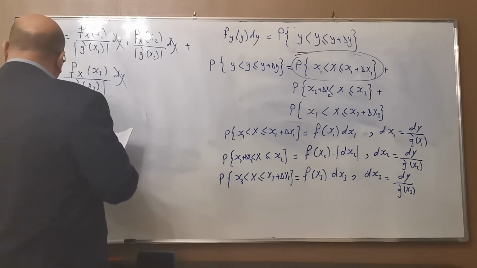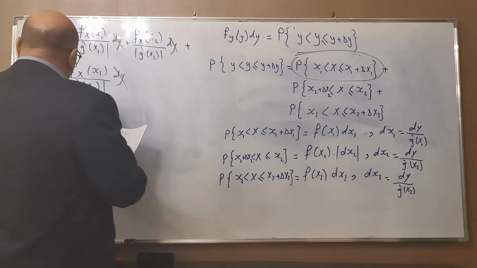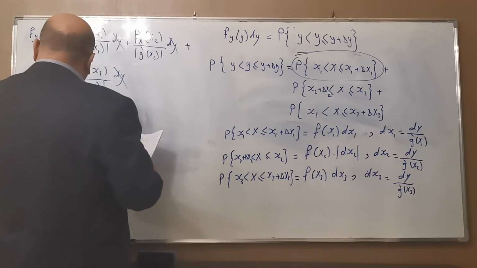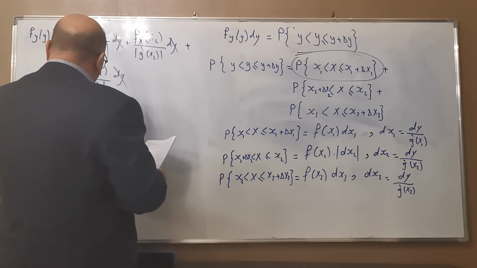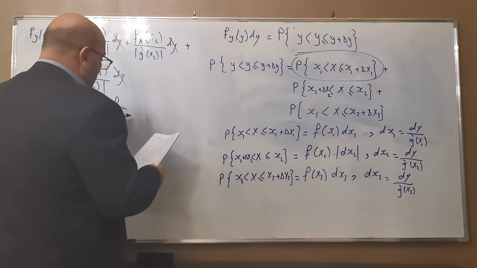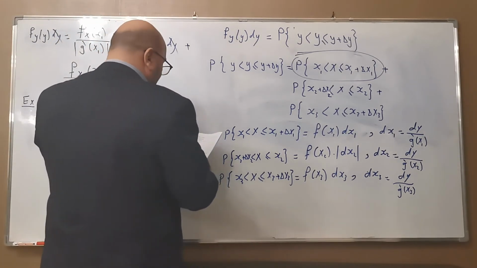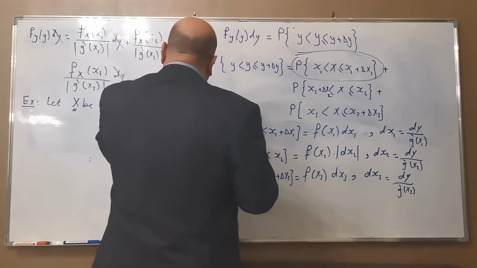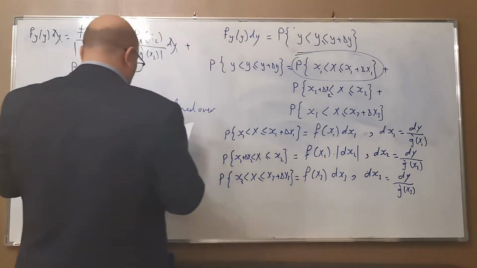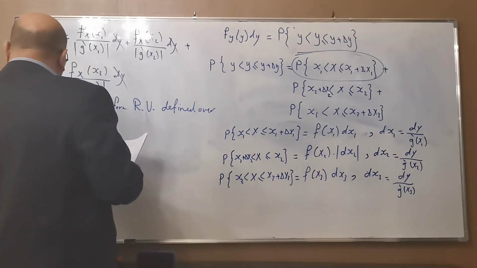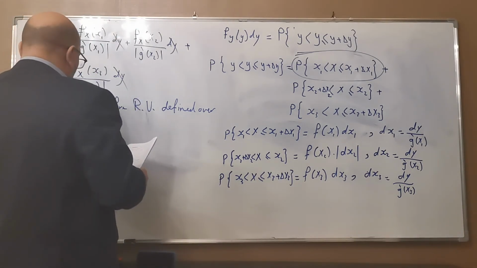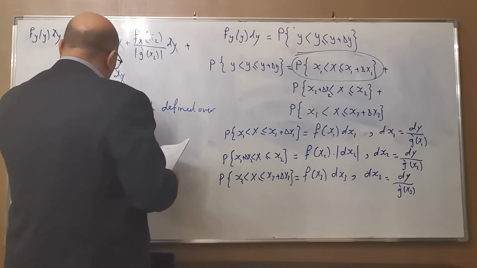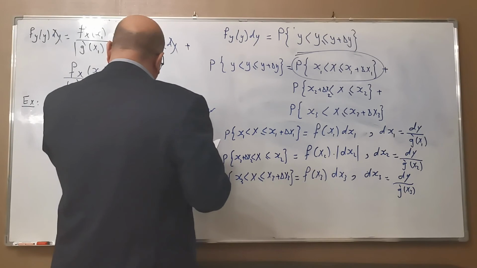Let x be a uniform random variable defined over the interval between -5 and 5.